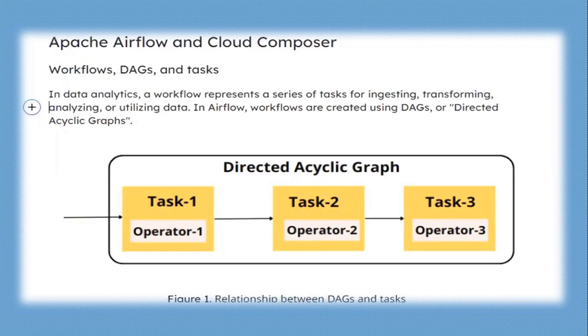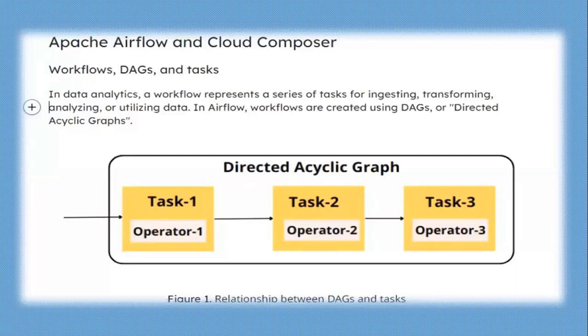And coming to Apache Airflow and Cloud Composer, you must be aware of one concept, the DAGs. DAG is abbreviated from directed acyclic graph. Directed acyclic graph means the tasks that are orchestrated in the DAG flow from one end to another end. They should not be interconnected or cyclic.